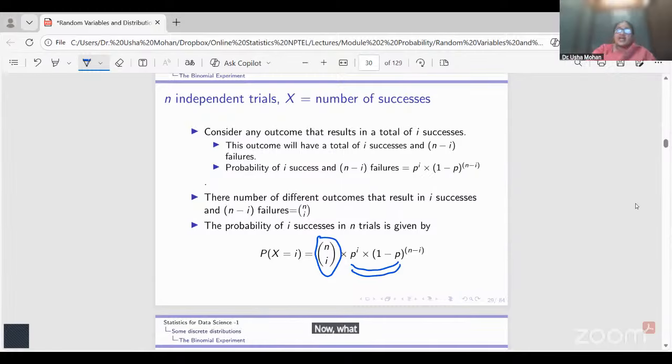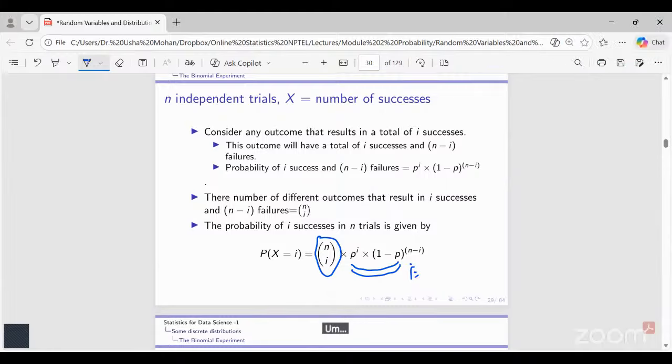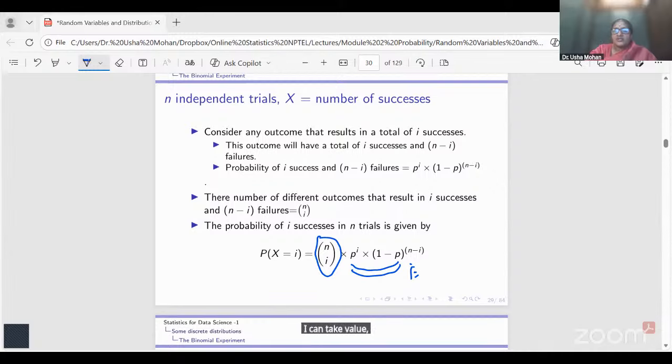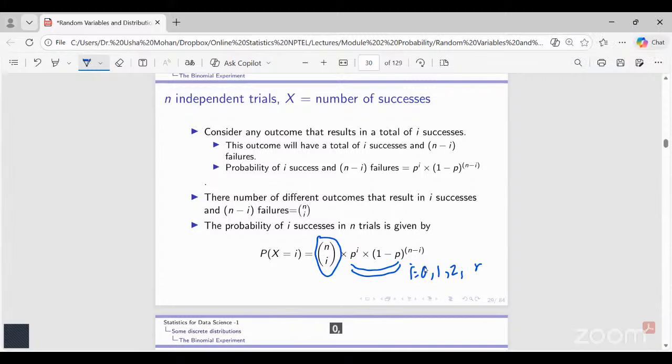Now, what are the values this i will take? I will take 0 to n. 0, 1, 2, up to n.